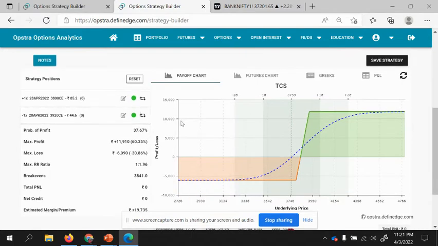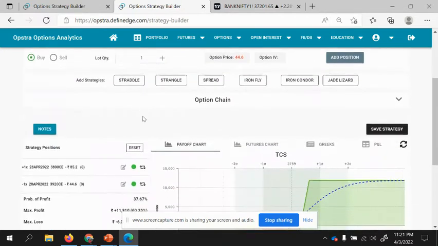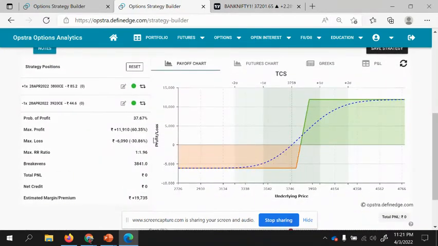The same debit spread, the same logic, but this is for an FNO stock, not the index. If you look at the profit percentage, it is 60% on a capital of 19,735, and almost 30% loss on the capital deployed.